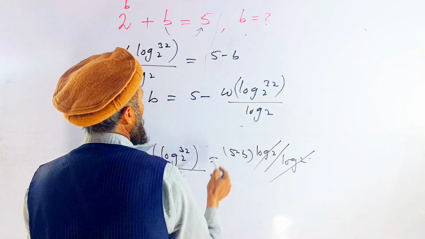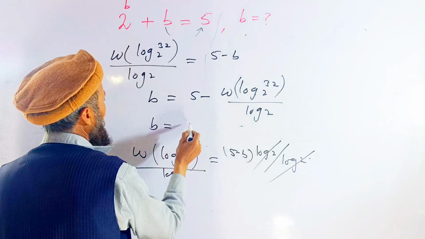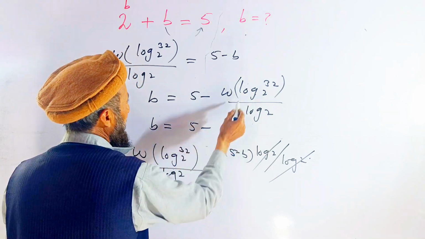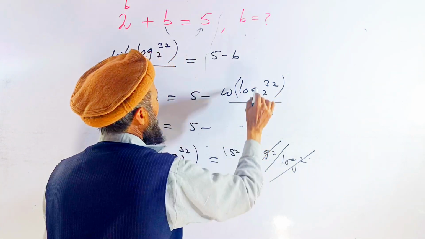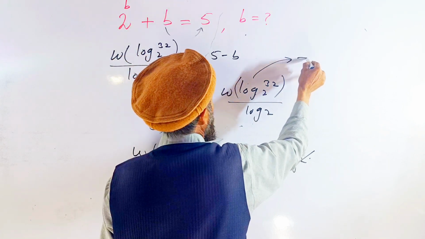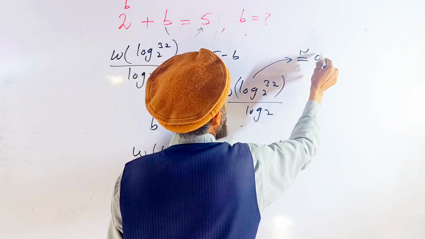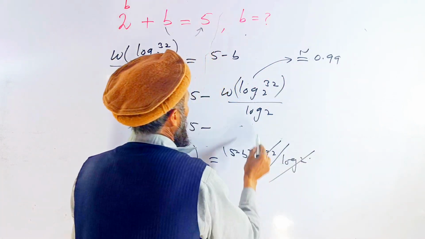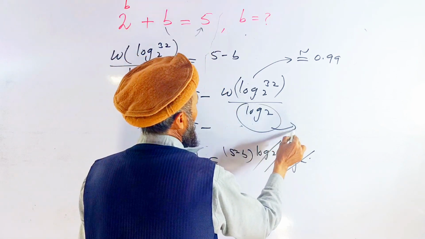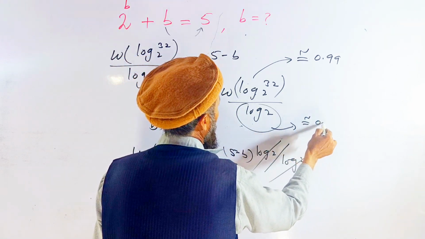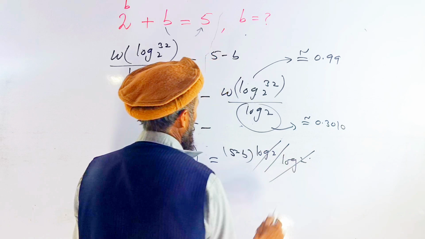According to the W function, if we find the approximate value, this result is approximately 0.999, and this result is approximately 0.3010.